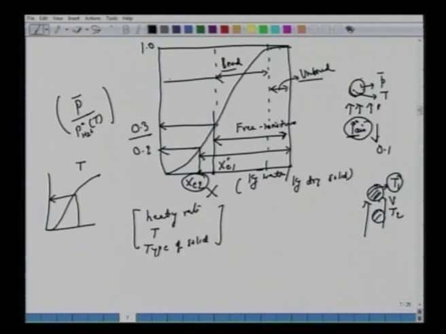So what is unbound moisture? It is till you have the vapor pressure same as the vapor pressure of pure water. So this is a region where the solid surface is still filled with a very thin film of the liquid. So the water depletes, but only from the external surfaces. Till the end, at this range of moisture contents, you still have some amount of moisture.